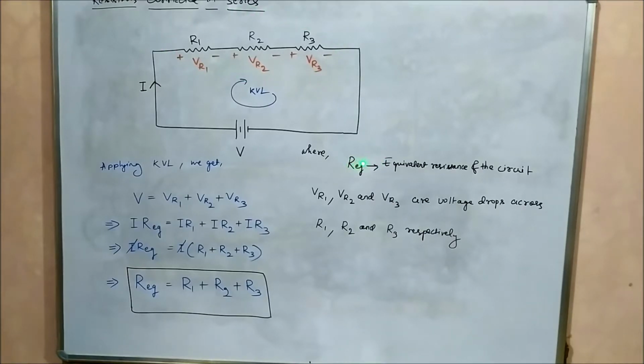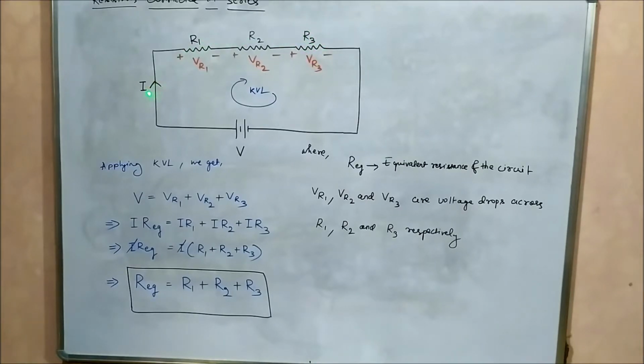R equivalent is the equivalent resistance of the circuit. So the total voltage is V equals I into Req, which equals the voltage drop across R1, which is I into R1, plus the voltage drop across R2, which is I into R2, plus the voltage drop across R3, which is I into R3.